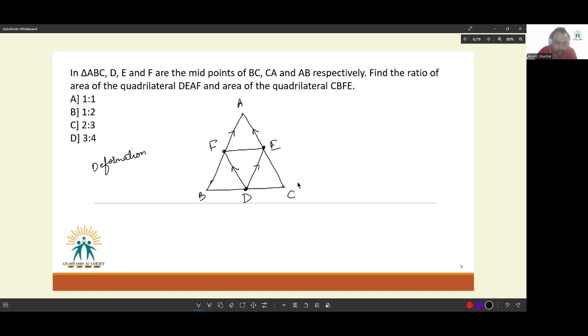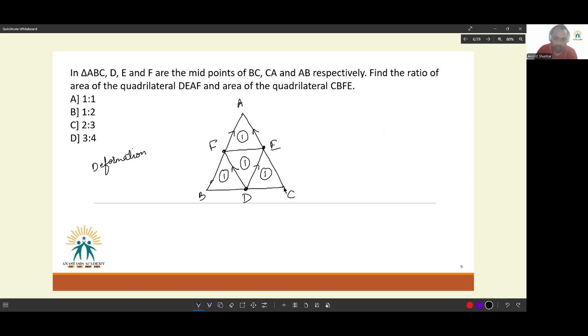Similarly here, I can make this task easier by imagining ABC to be an equilateral triangle. If ABC is an equilateral triangle, these lines joining the midpoints will divide the triangle into 4 small triangles of equal area, so let each of these have an area of 1. Now look at the area of quadrilateral DEAF, it is 2.